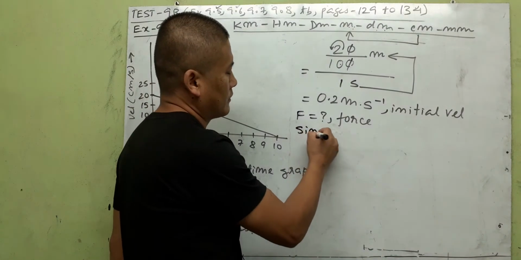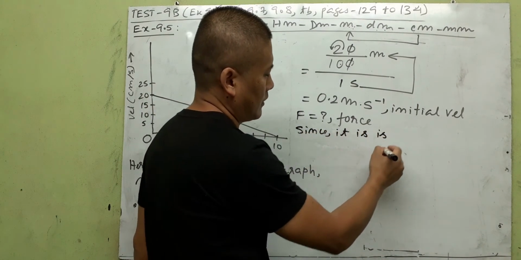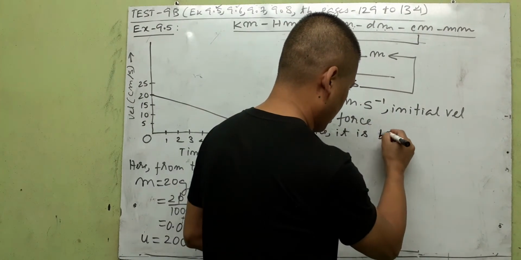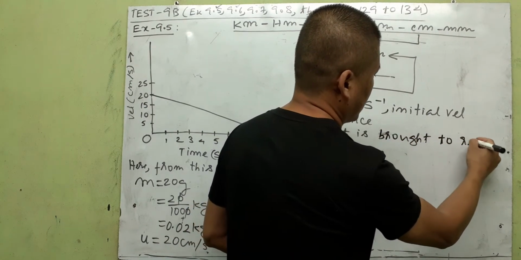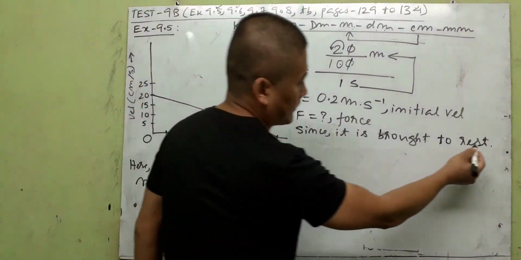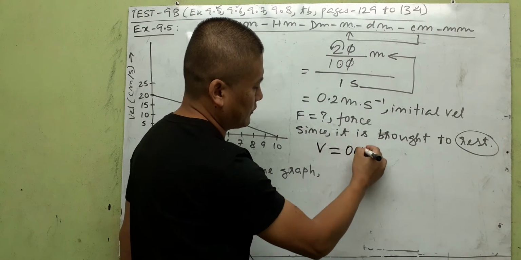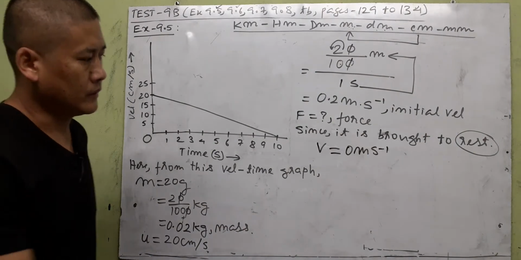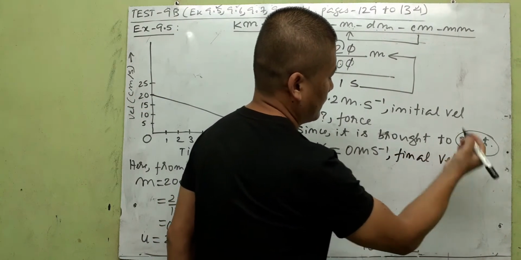So since the question clearly said it is brought to rest, that means the moving ball is brought to rest by the friction force of the table. So rest means the key word here, finally it will come to stop here. So final velocity will be 0 meter per second, right? So that is your final velocity, if you like to mention.